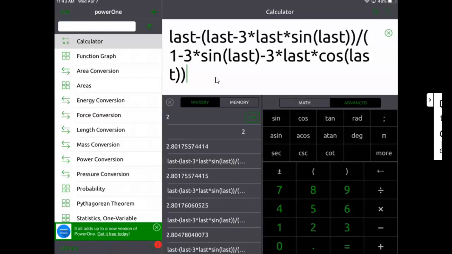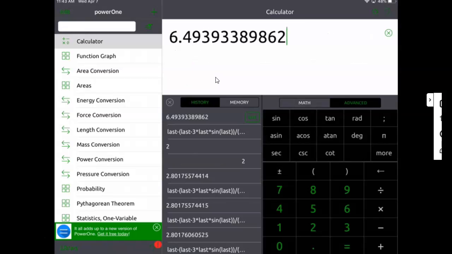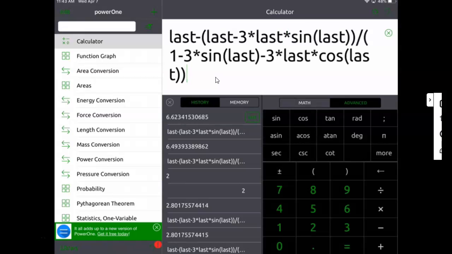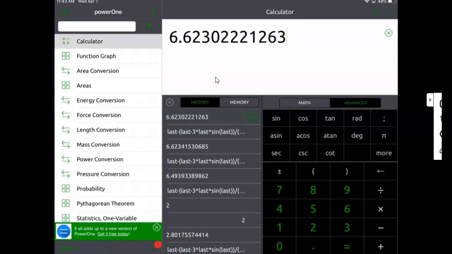And I run into a problem. The first answer jumps way out of my interval. I can keep computing that and see, well, maybe it'll fix itself. And no, it goes 6.62. And then I do it again, and I get 6.623.